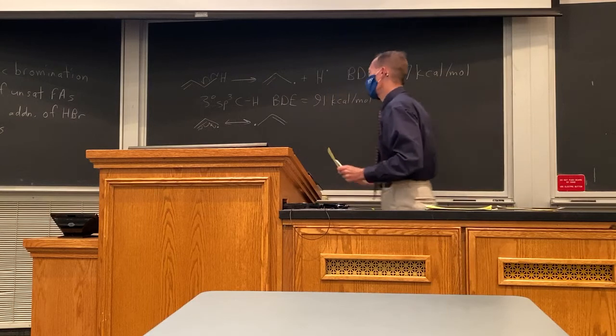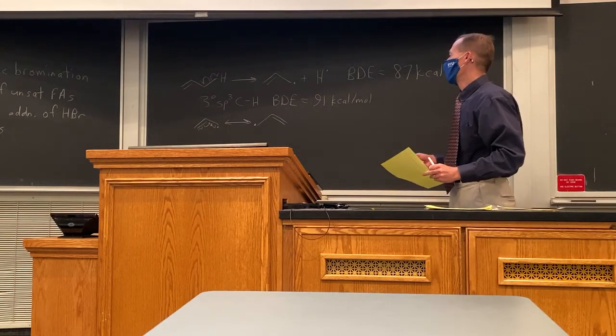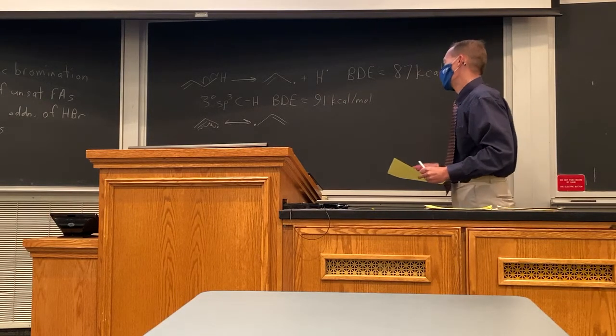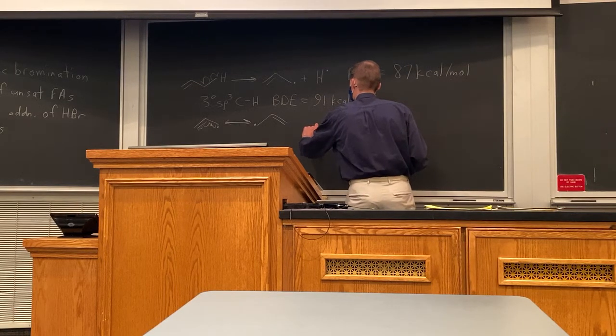Okay. So we have two equivalent resonance structures where that unpaired electron or spin density is shared equally by two different carbons. We could draw a hybrid structure.